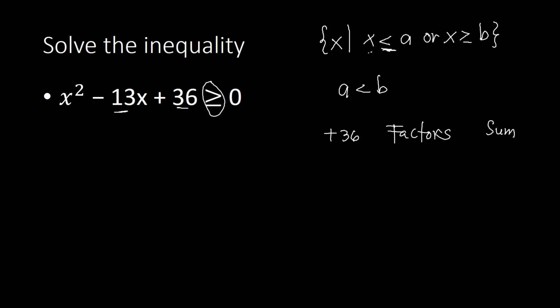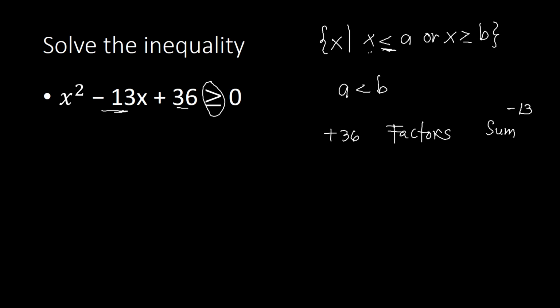But this is 13, so this is not a perfect square trinomial. Now, what to do is the trial and error, taking into consideration the middle term, which is negative 13x. So possibly the sum will be negative 13. Looking for factors, your two numbers are negative because of positive 36, and your sum is negative 13.